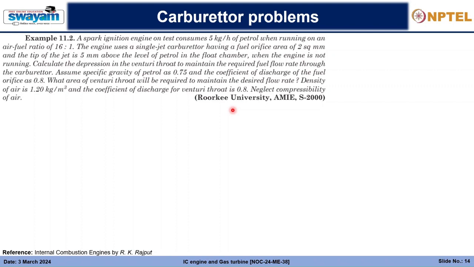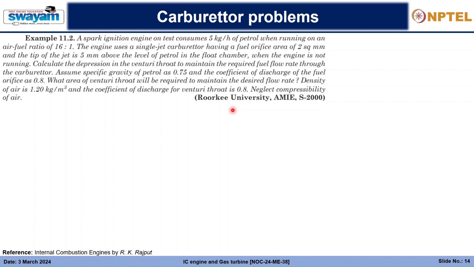When the engine is not running, calculate the depression in the venturi throat to maintain the required flow rate through the carburetor. Assume specific gravity of petrol as 0.75 and coefficient of discharge of the fuel orifice as 0.8.